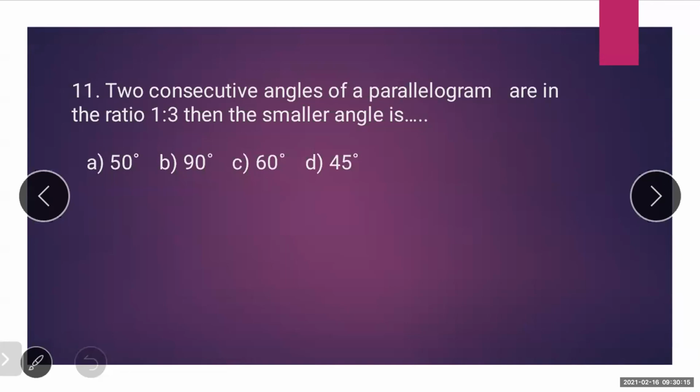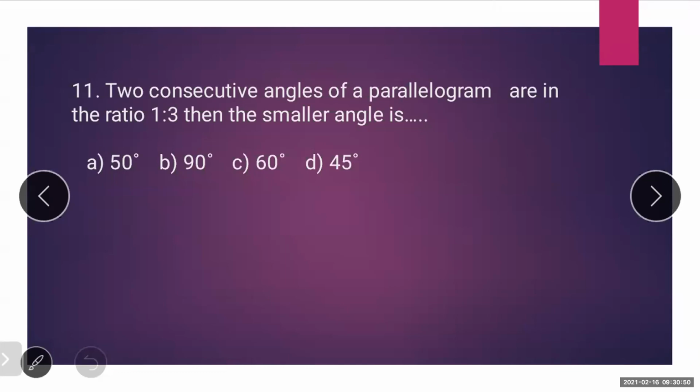So here two consecutive angles. Till now we were using adjacent angles, adjacent sides. Now in this question they have given the consecutive angles. Consecutive angles are nothing but the adjacent angles. So two adjacent angles or two consecutive angles of a parallelogram are in the ratio 1:3, then the smaller angle is dash.